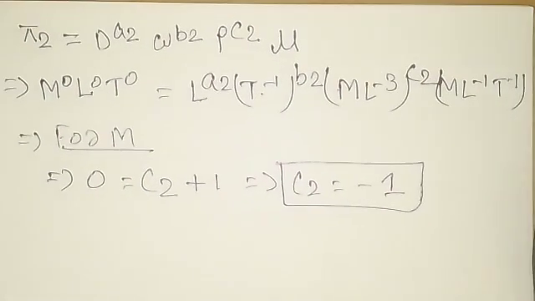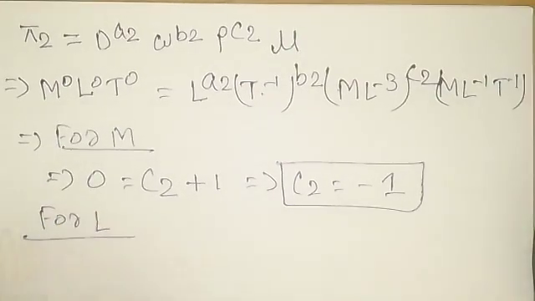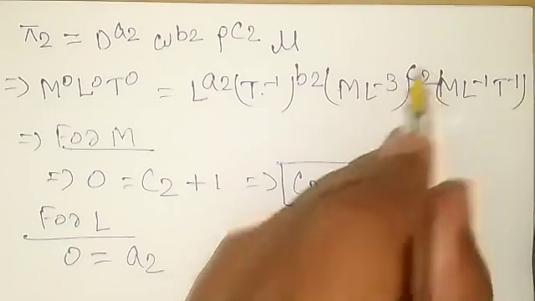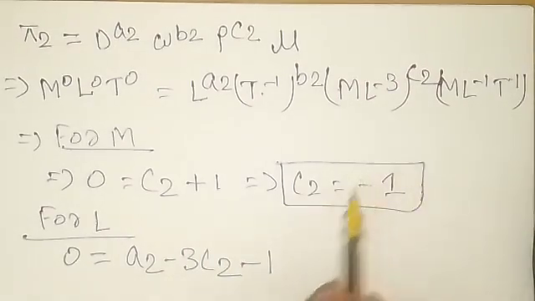Then again for L, L power: 0 is equal to a2, minus 3c2, and minus 1, right? So c2 is minus 1, we will substitute, it is minus 3 times minus 1, which is plus 3, and minus 1, so plus 3 minus 1 is plus 2, so a2 is equal to 2.